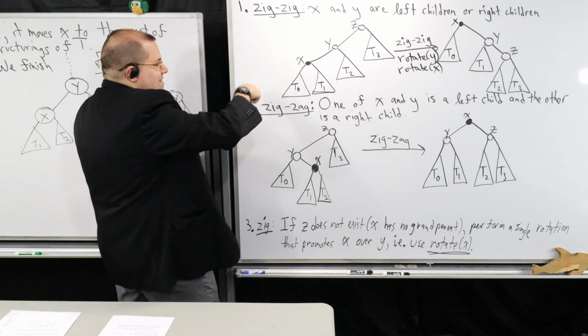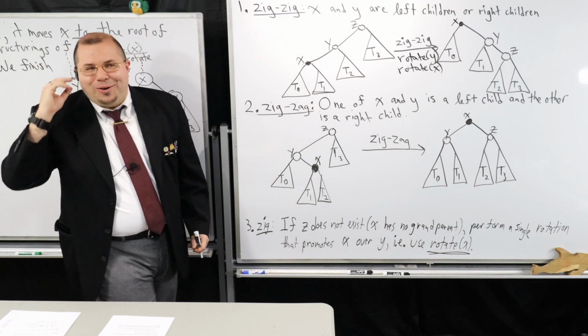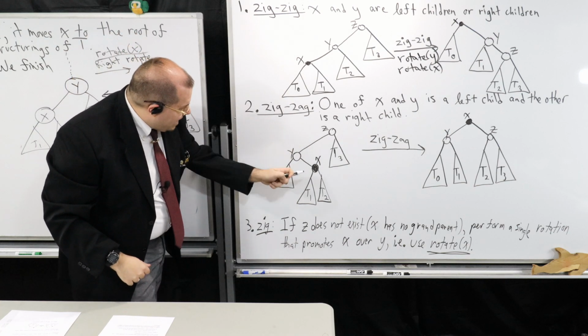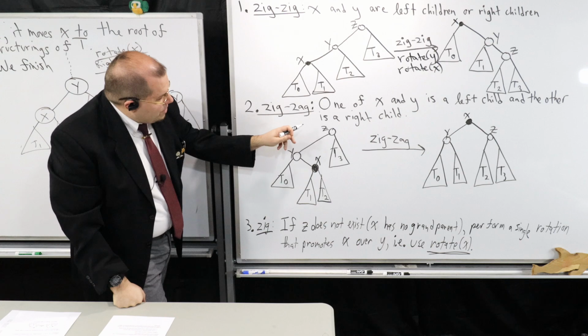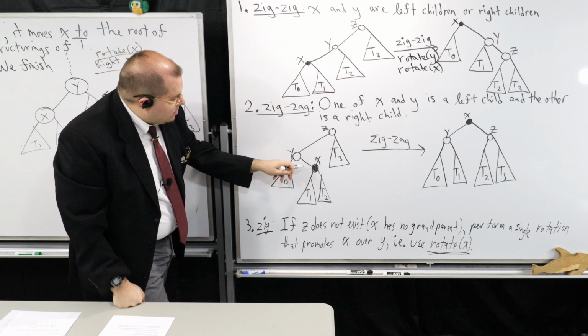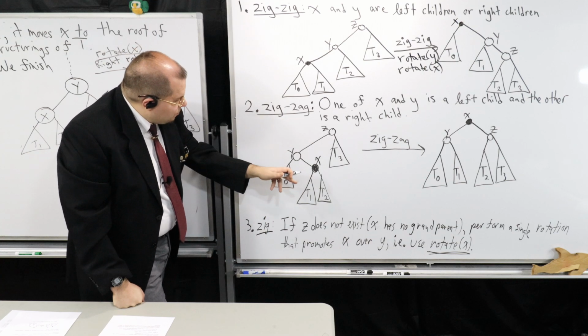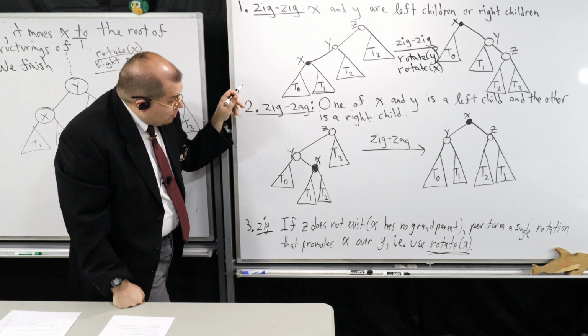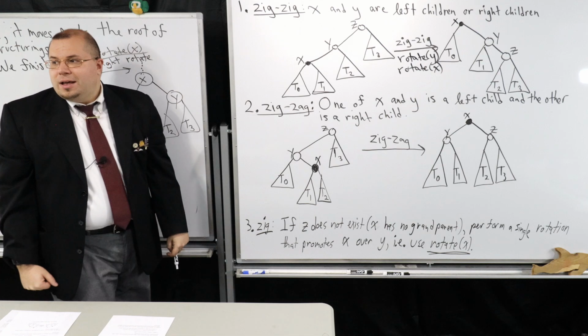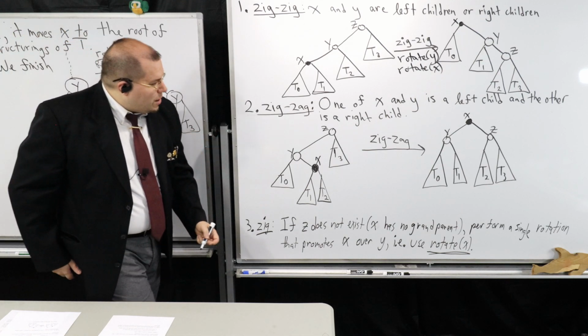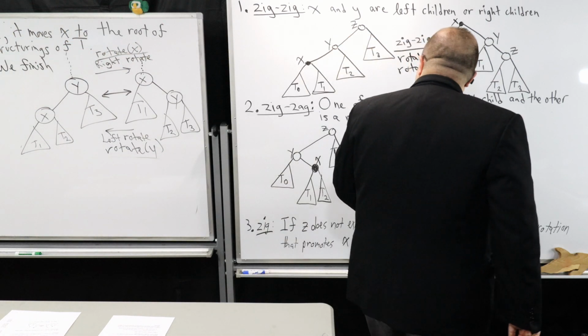Notice that X's parent is Y, and its parent is Z. Left, right, or it could be the other way around, right, left. You may recall this one from the AVL tree, it's just given a different name.